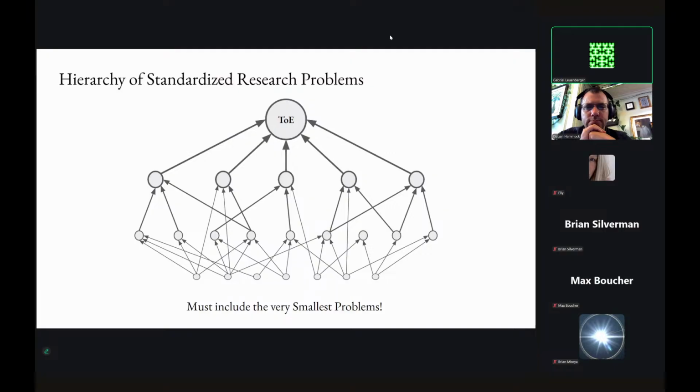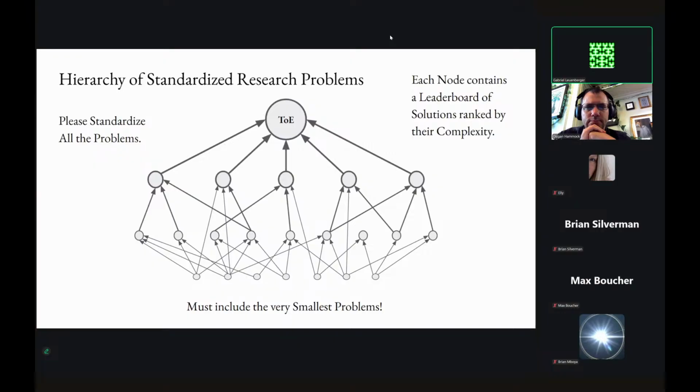So for instance, if we have all of these open problems and subproblems, and as I said, there should be a ranking for each of these nodes, for each of these problems. In machine learning, this basically translates to them having many data sets, so-called benchmarks. Each node you can think of as a benchmark in machine learning.